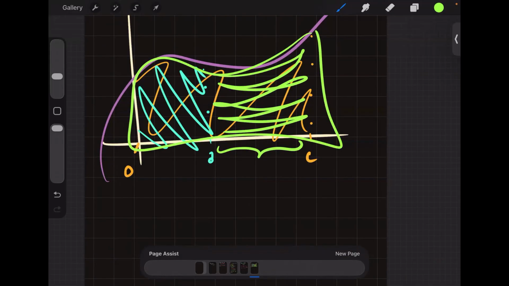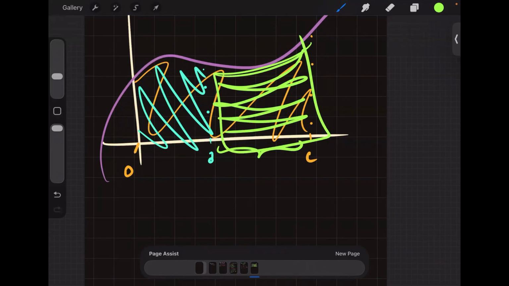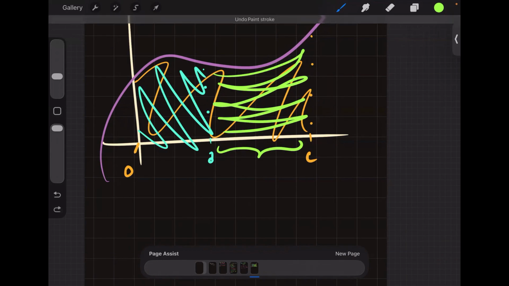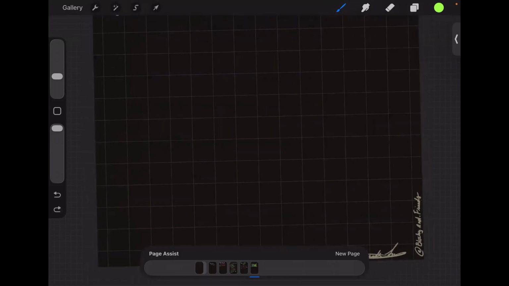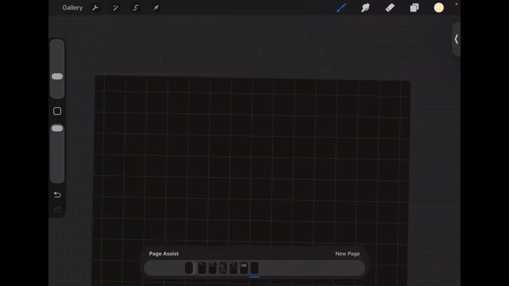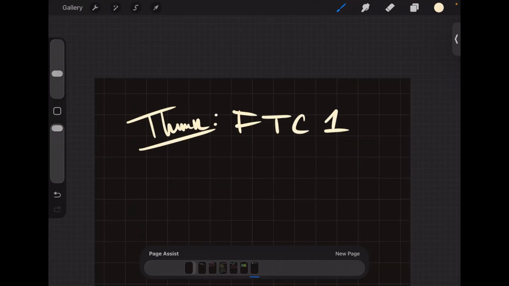Big area minus small area gives remaining small area, right? That's it, actually. You've just discovered the fundamental theorem of calculus part 1. So we will start a theorem. The fundamental theorem of calculus part 1.